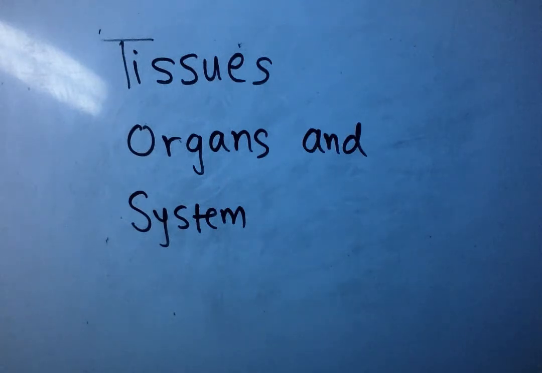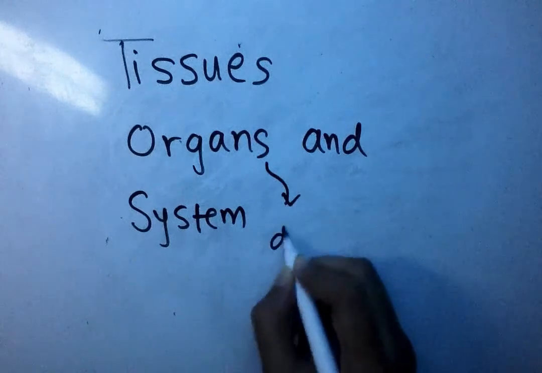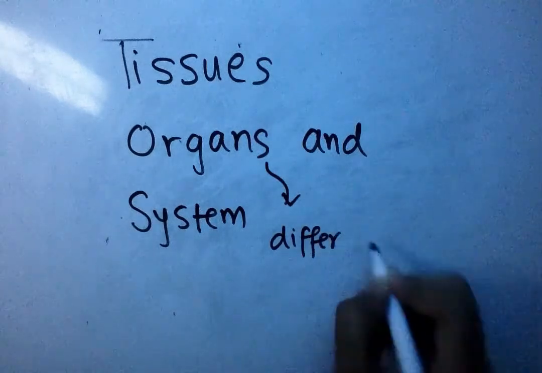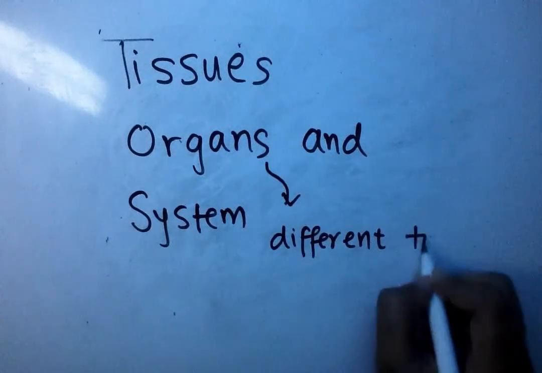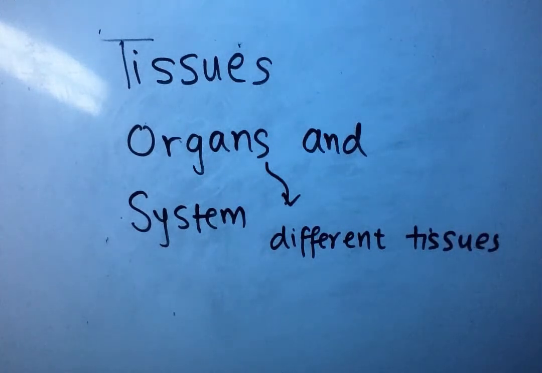Now, what is an organ? So, different tissues may be united together to form an organ. An organ is basically a structure which is made up of different tissues working together for a specific function.